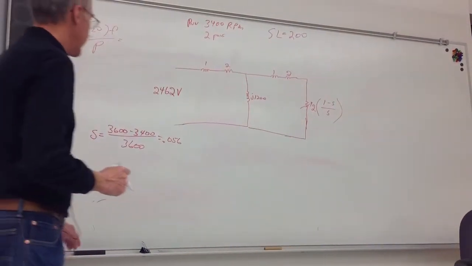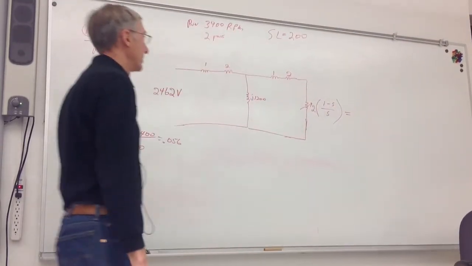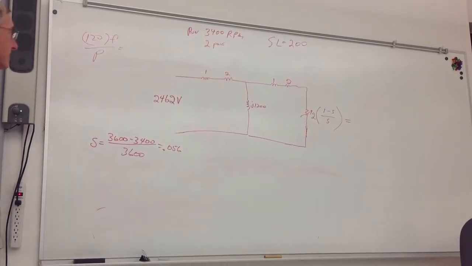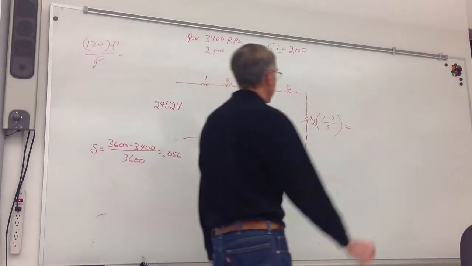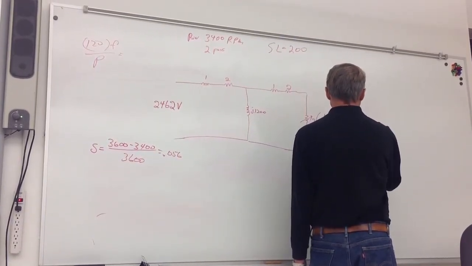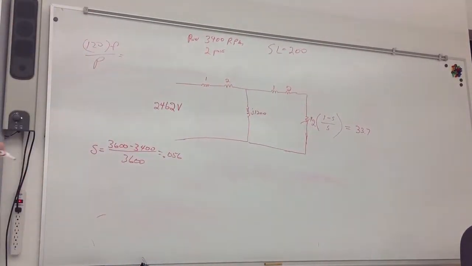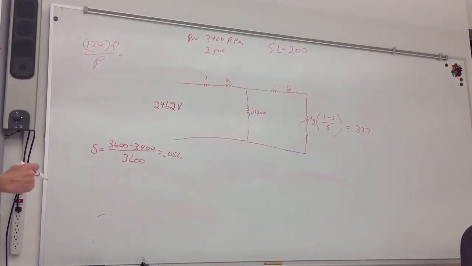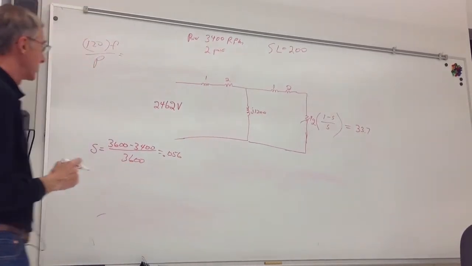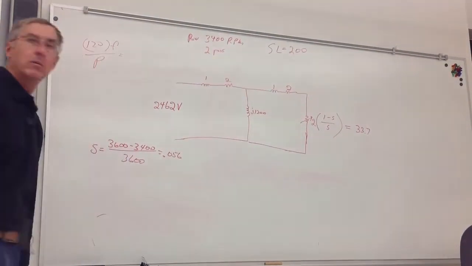Good. If I plug that into that equation, what's the value of that resistor? 1 minus 0.056 divided by 0.056, times 2, is 33.7. Okay, so now where do I go?